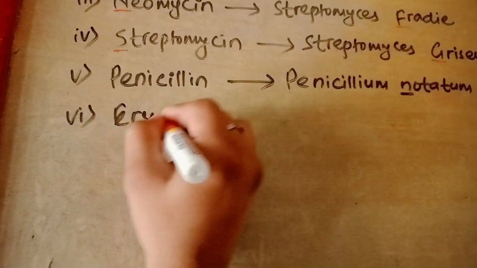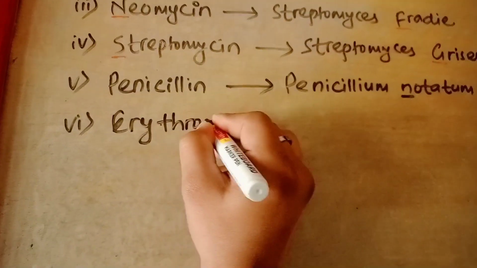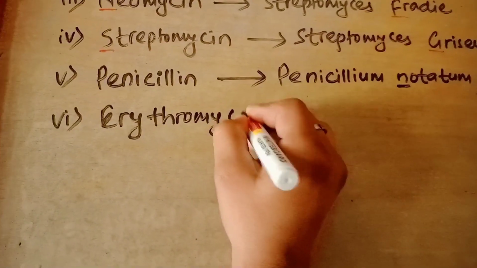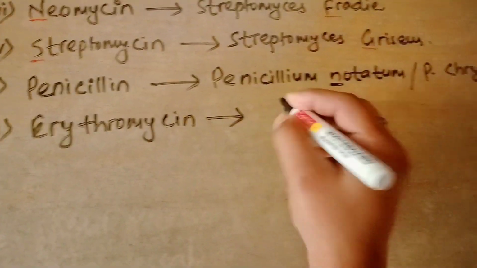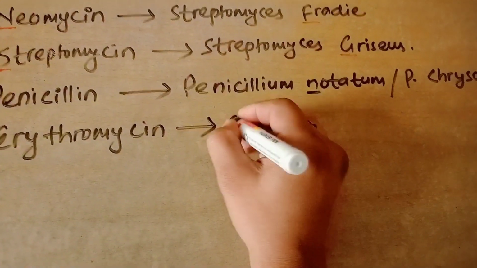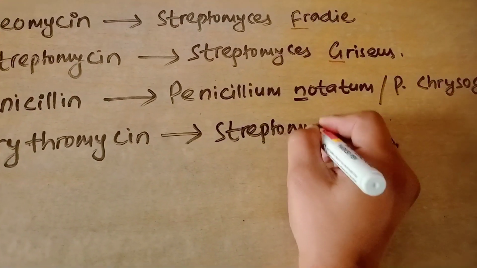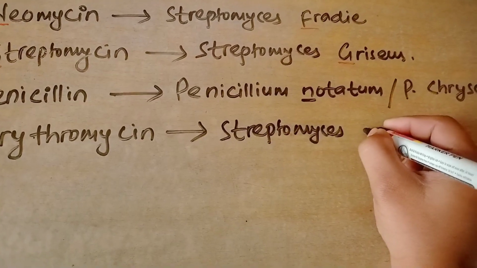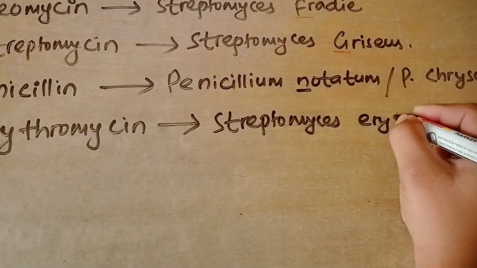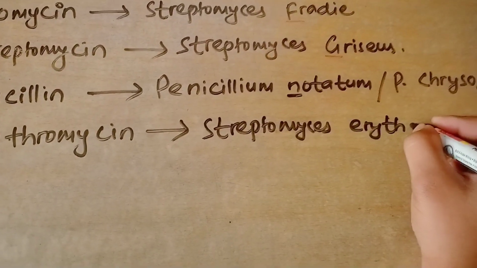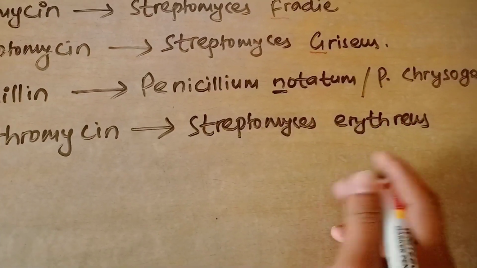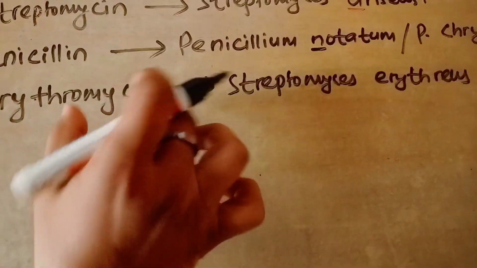And in sixth we have erythromycin. The source name is Streptomyces erythreus.